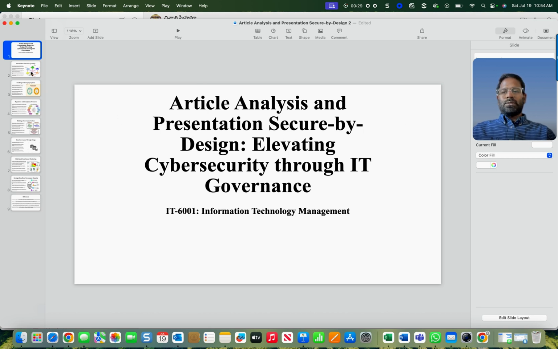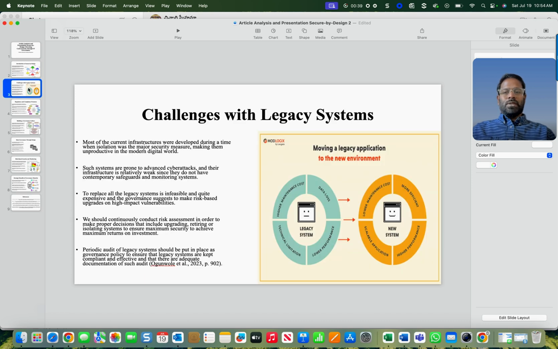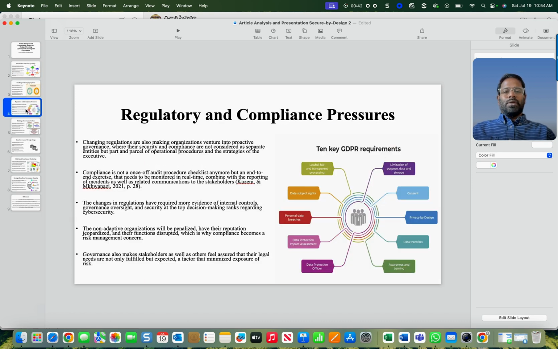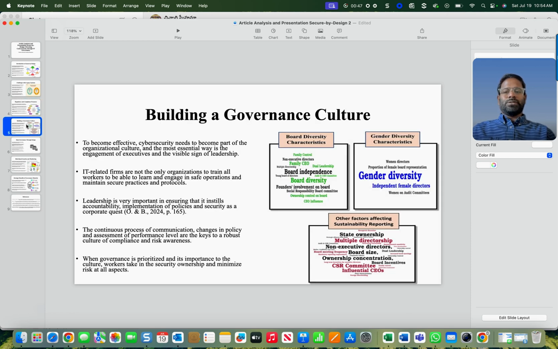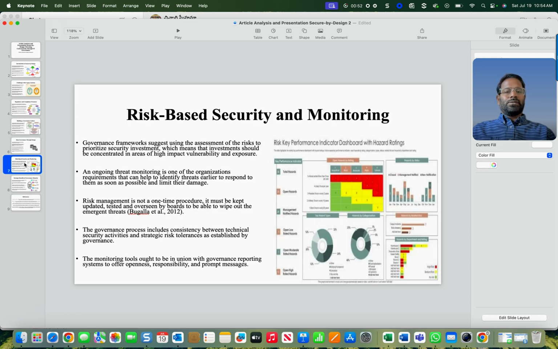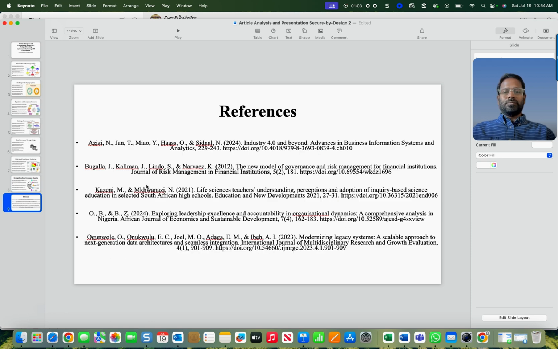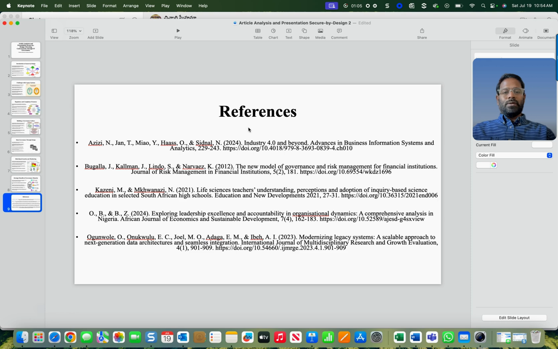The topics that I am going to present and discuss today are introduction to secure by design, challenges with legacy systems, regulatory and compliance pressures, building a governance culture, data governance through design, risk-based security and monitoring, and strategic benefits of governance maturity. All the data I grabbed from the following references.